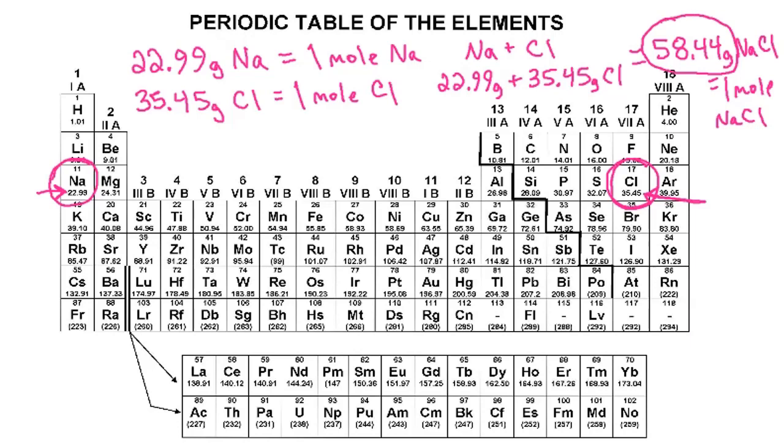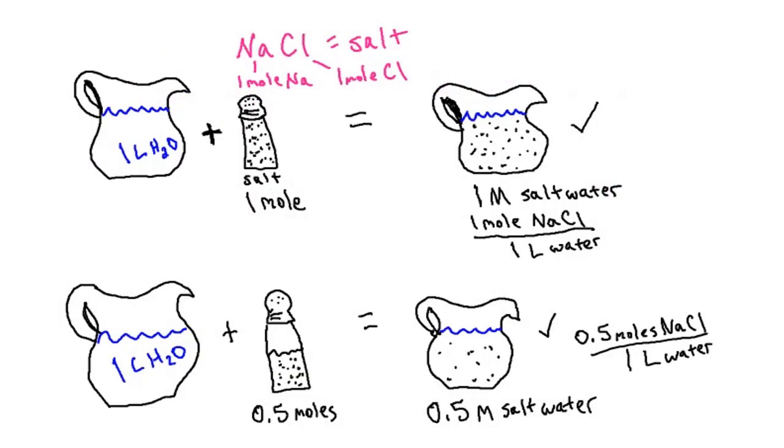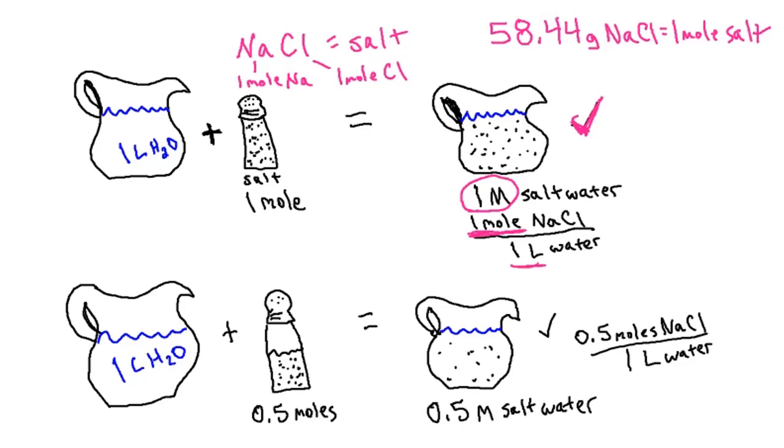So let's go back to our picture, and we'll put up at the top here our reminder: 58.44 grams of sodium chloride equals 1 mole of salt. And let's look at the first picture here. We have a 1 molarity of salt water. 1 molarity just means we put in 1 mole of salt for every 1 liter of water.